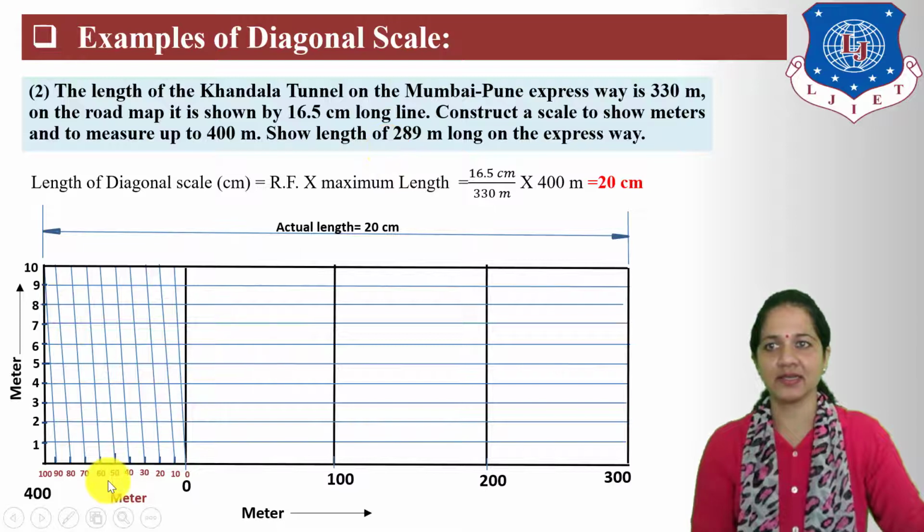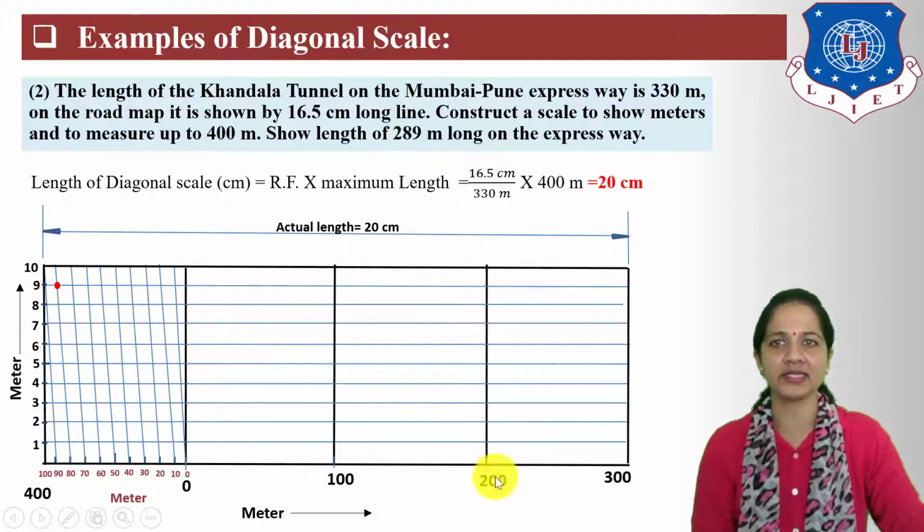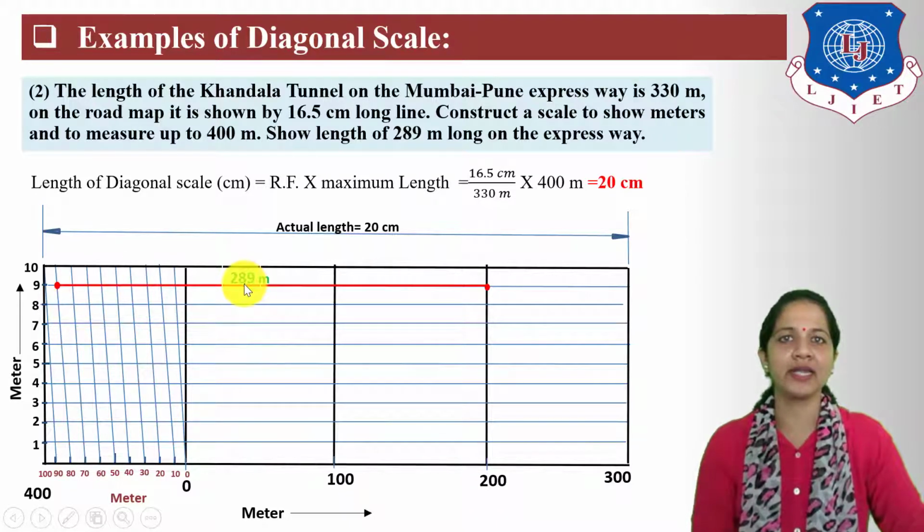Next select the diagonal line passing through tens meter, which is 80. Both intersect here, so mark the first point here. For the second point, take 200 meter distance horizontally and indicate here the 289 meter distance.